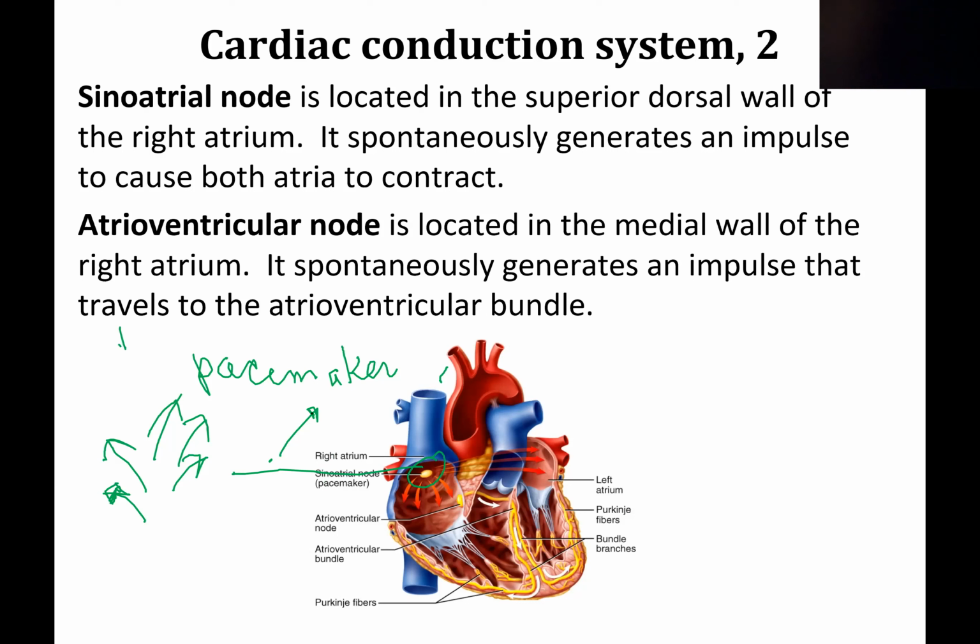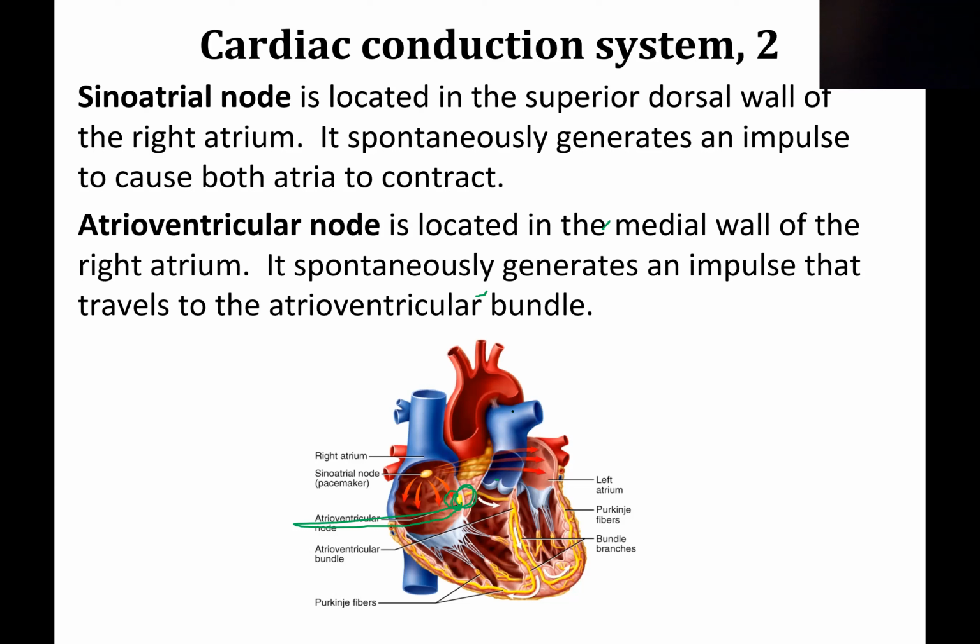Okay. That gets us the atria working. Now, with the ventricles, you have several structures. So you have the atrioventricular node, which is here. That's another bundle located in the medial wall of the right atrium. It spontaneously generates impulses that go to the atrioventricular bundle.